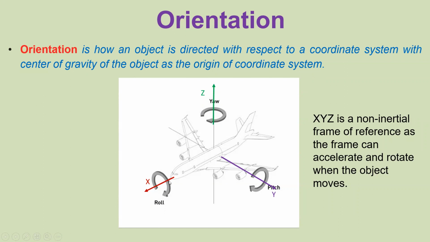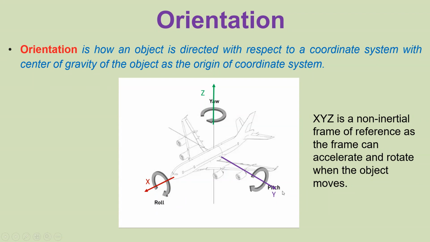So the x direction has been defined as along the body of this aeroplane. We have 3 types of rotations with respect to each of the axes. You may have studied these things in your first year also, so this is just a revision. The rotation around the x-axis, these are just names, is called roll.